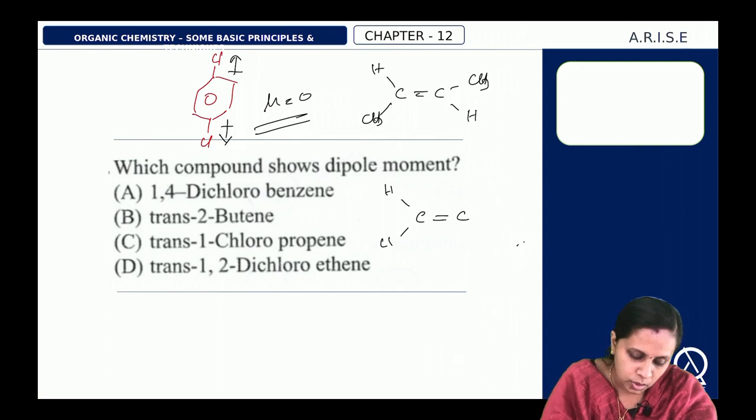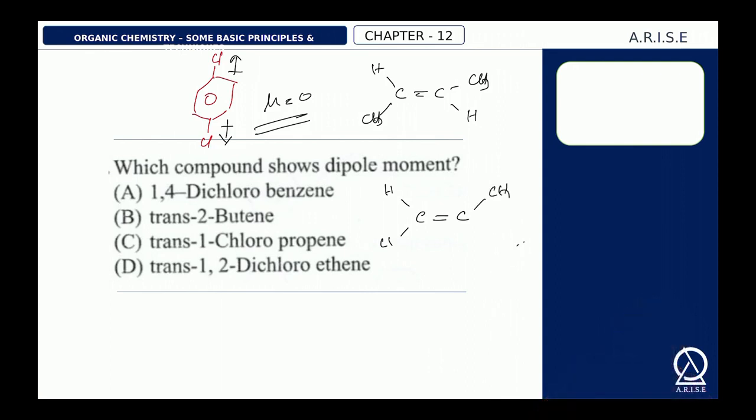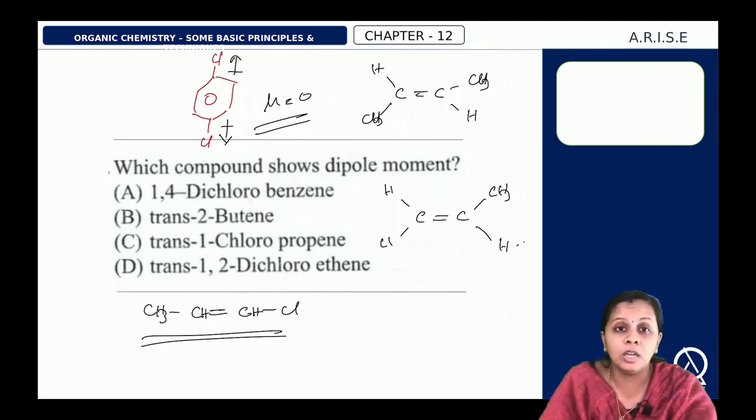Let us consider the trans form. I have written the cis form. What is 1-chloropropene? It is CH3, CH, double bond CH, Cl. This is 1-chloropropene. It is in trans form with respect to hydrogen. If hydrogen is on the opposite side, it is trans. If it is on the same side, it is cis.